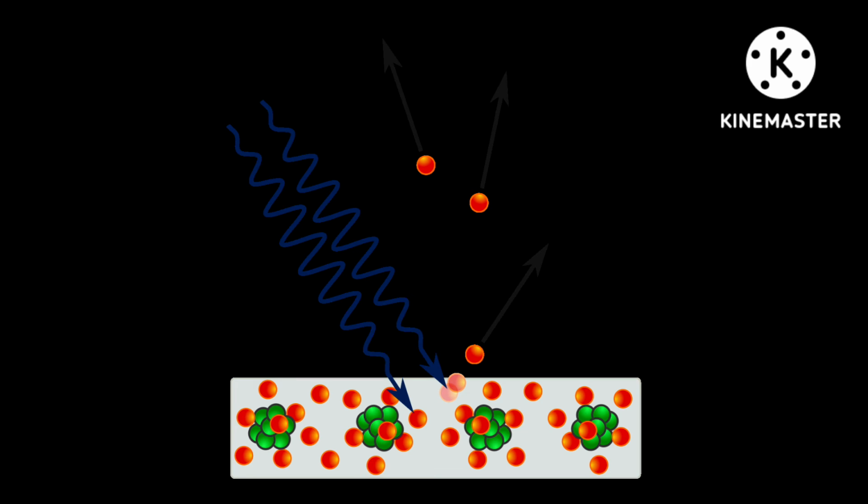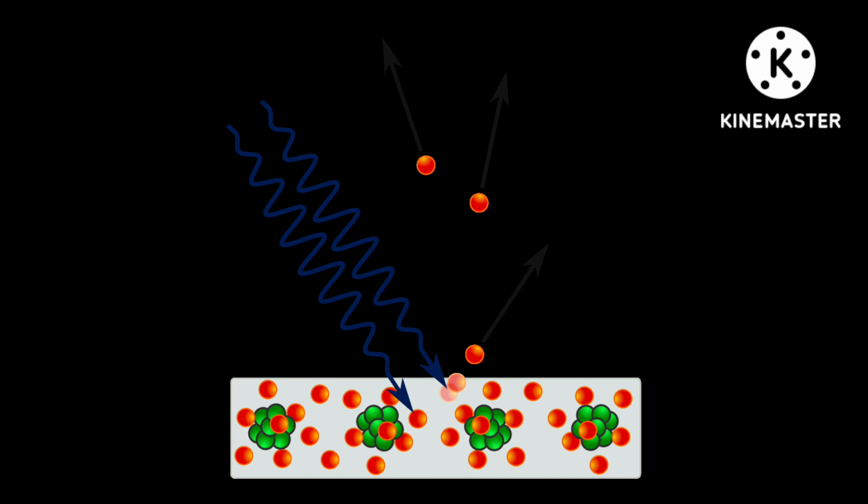It has been observed that though the number of electrons ejected does depend upon the brightness of light, the kinetic energy of the ejected electron does not depend upon the brightness of light.